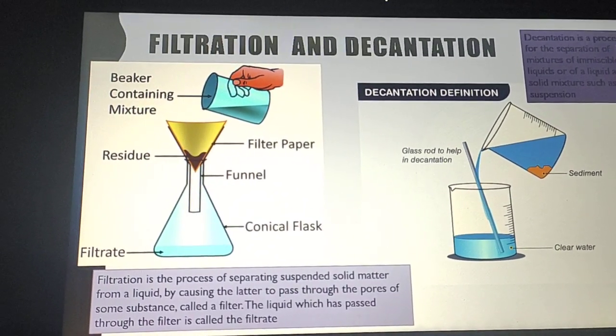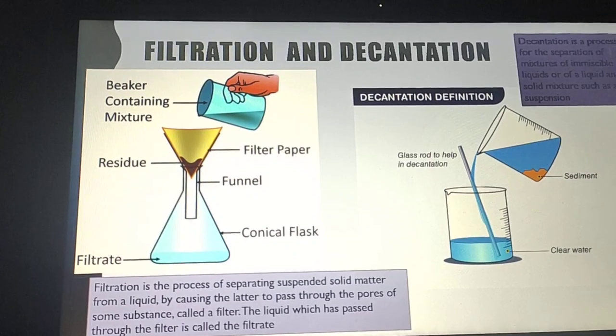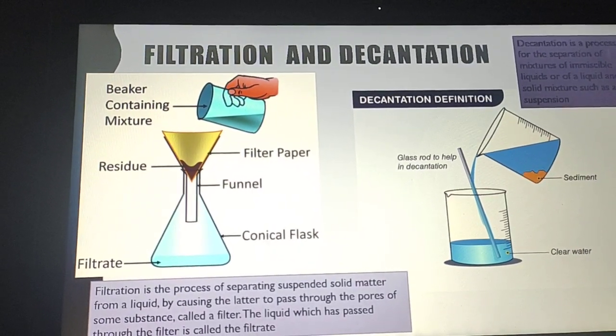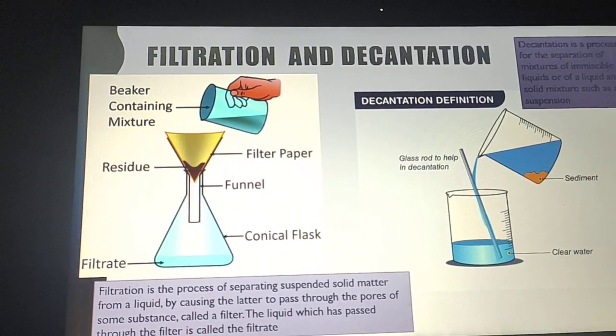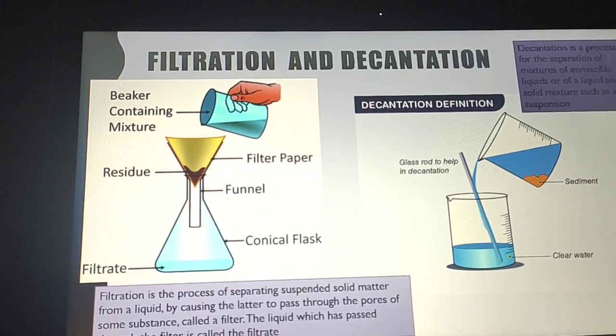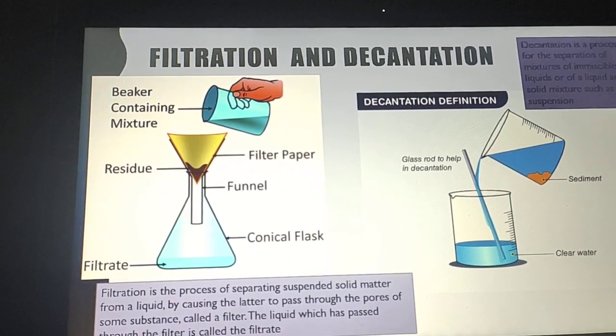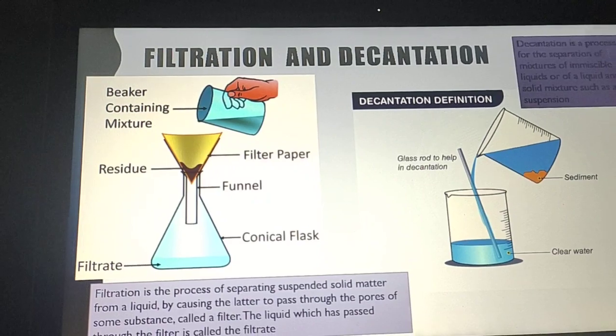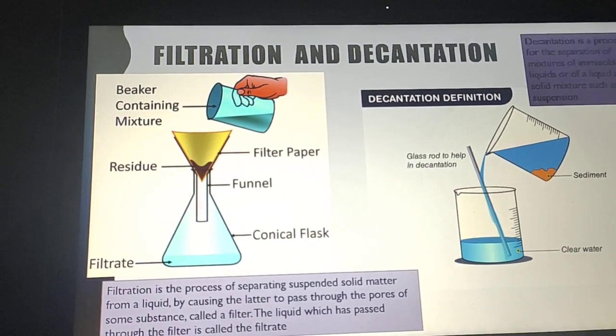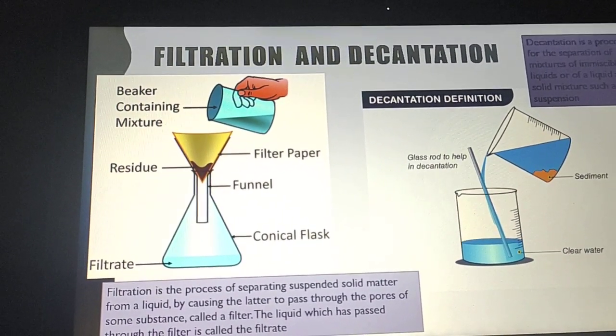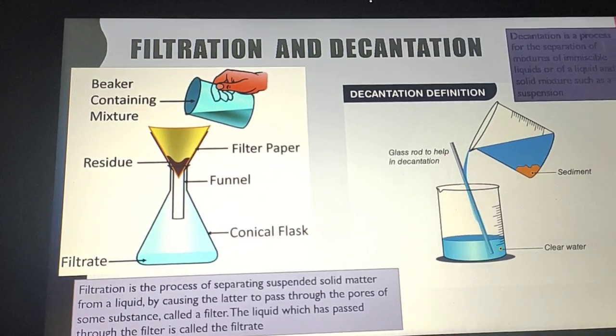The residue, suppose mud, is collected at the bottom and all the liquid part in the conical flask. The liquid part is known as the filtrate and the mud particles are known as the residue, the solid particles. So this is one of the techniques used in labs, the filtration process.